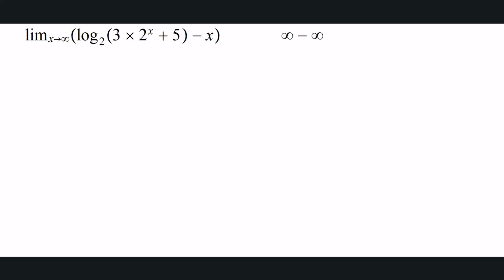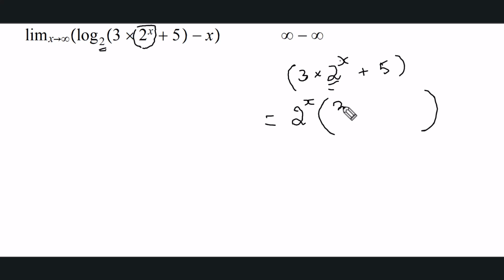So in here, what we can see is that this is the part that gives us the exponent, and 2 is the base. So if we can factor 2 to the x out, that may be a way, and I'm just saying maybe a way, of bringing this under a little control. So if we factor this out, it is going to leave 3 behind as a factor, and here we will have 5 over 2 to the x.